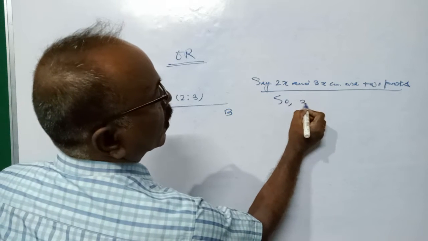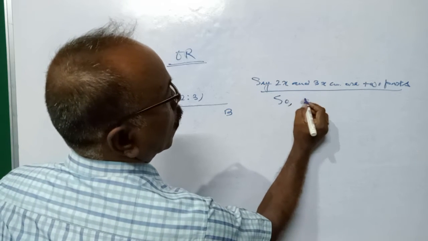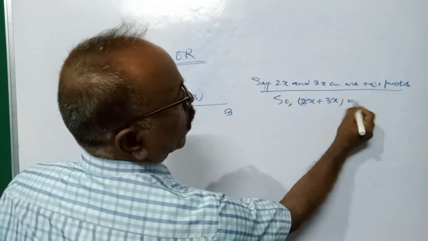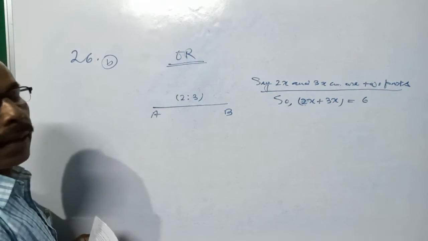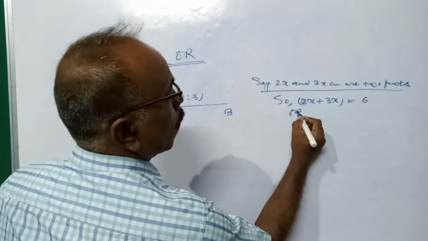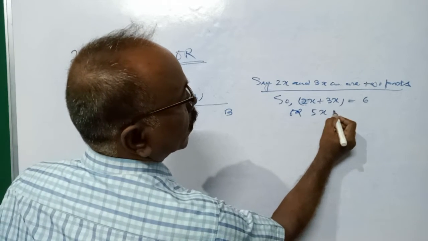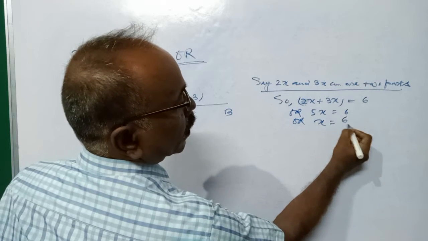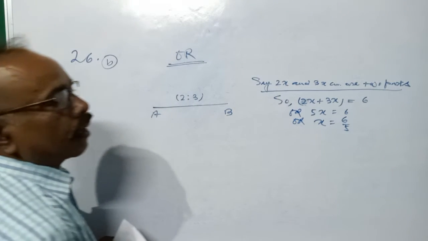So 2x plus 3x is equal to 6. Am I clear? Or 5x is equal to 6, or x is equal to 6 by 5. Am I clear?